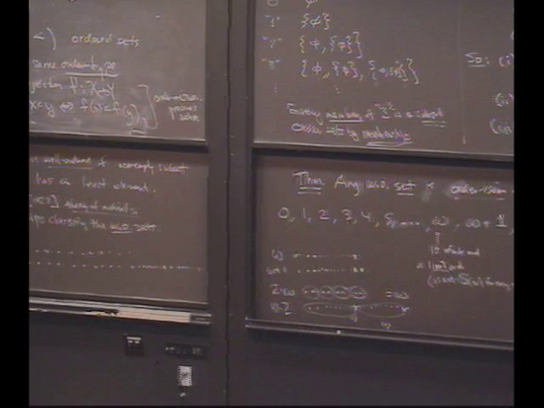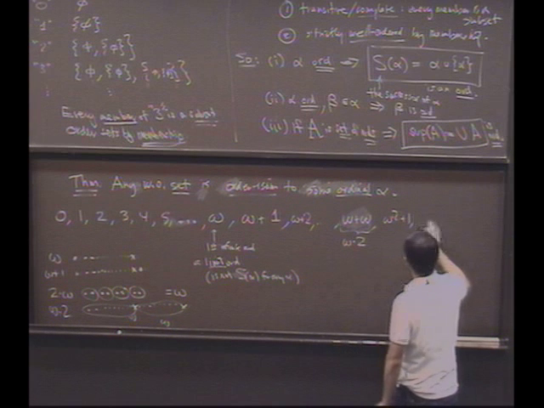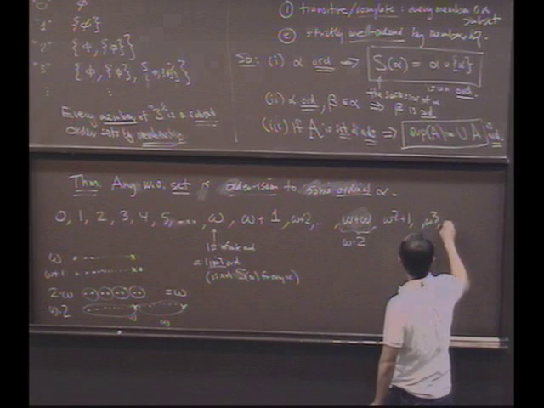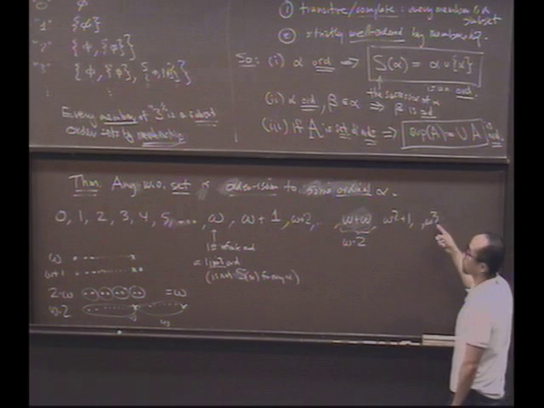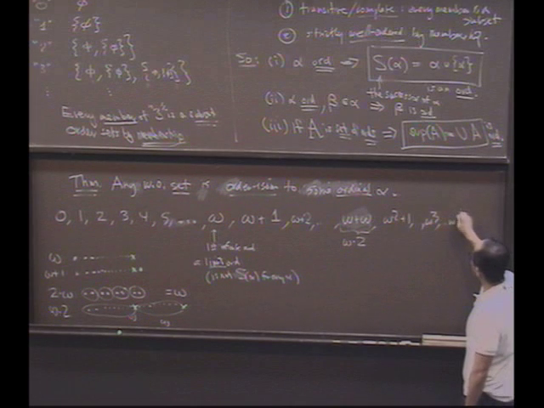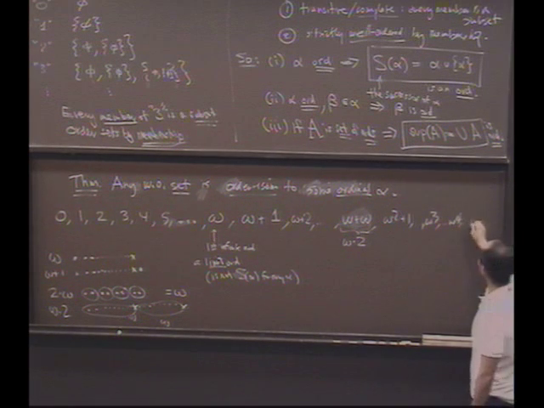Go crazy. Here we go. Plus 1, plus 2, dot, dot, dot. And then the next one, if you could go beyond that, take the sup, and you get omega 3. And then omega 3 plus 1, omega 3 plus 2, dot, dot, dot. And then you get what? Omega 4. And then after a while, you get omega omega, which we call omega squared.